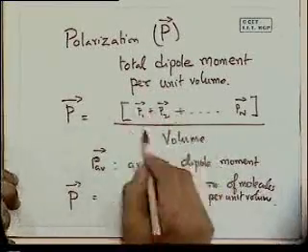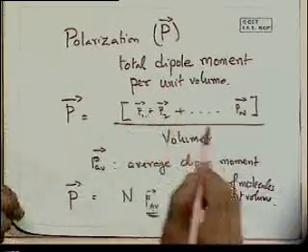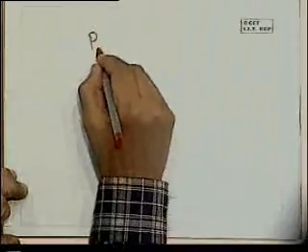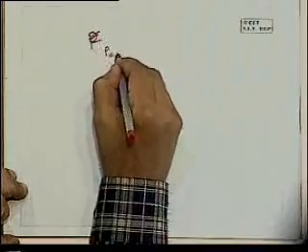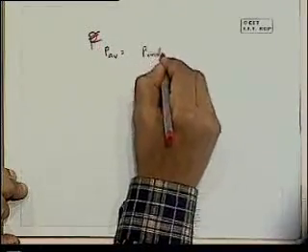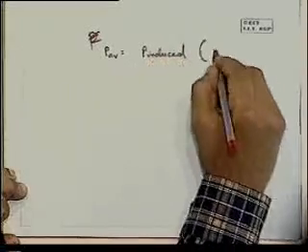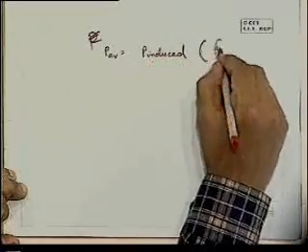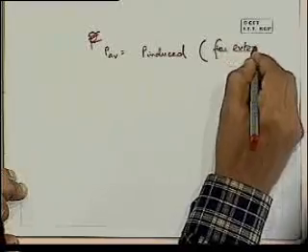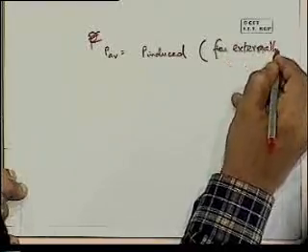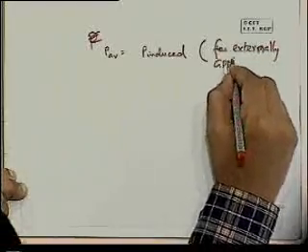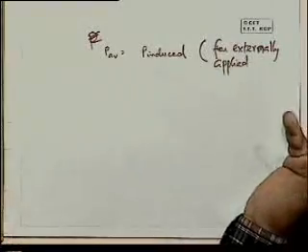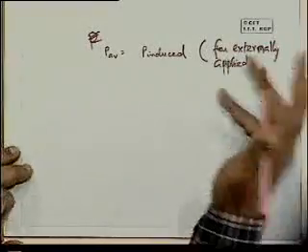If these dipoles are created due to an applied field, then our p average is nothing but our p induced, which we saw earlier, for an externally applied field. We make the distinction here because sometimes there are spontaneously induced dipole moments in materials, not due to an external field.